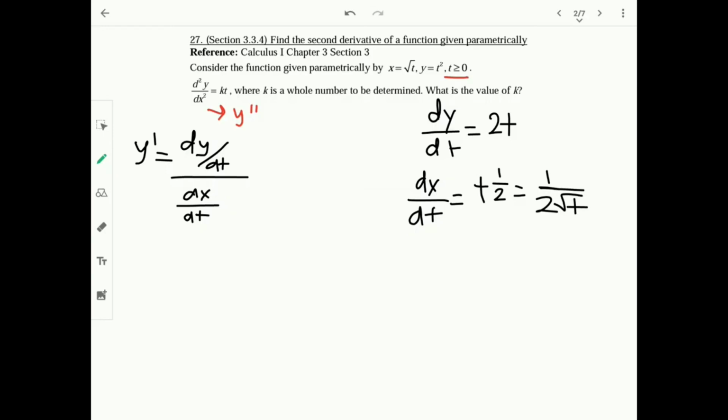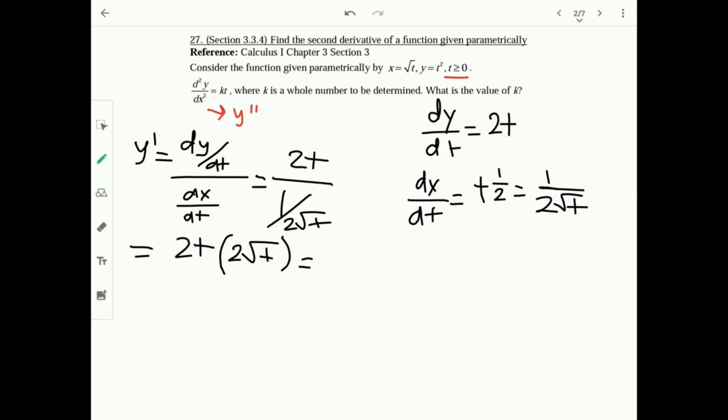Yeah, that's correct. Now we just have to do 2t over half over root t. If we simplify like this, we get 4t to the 3 over 2.